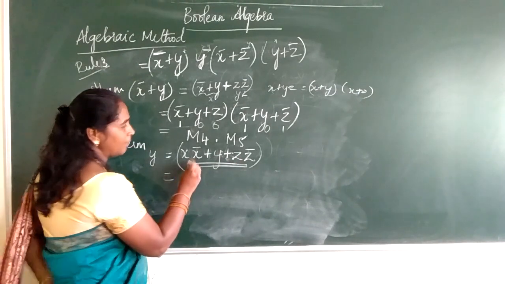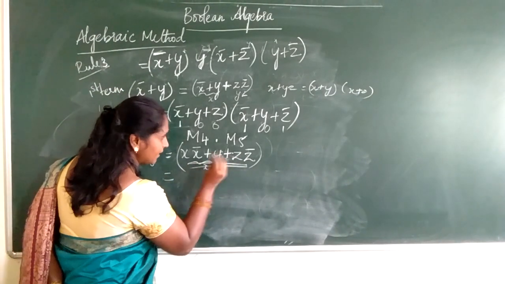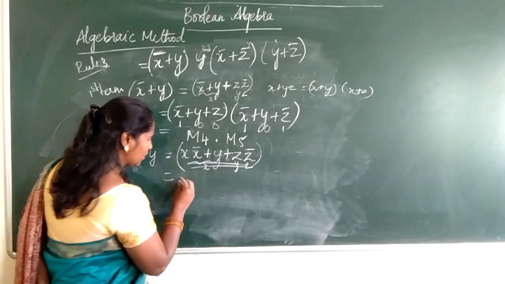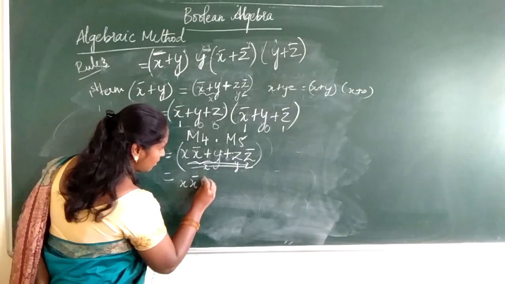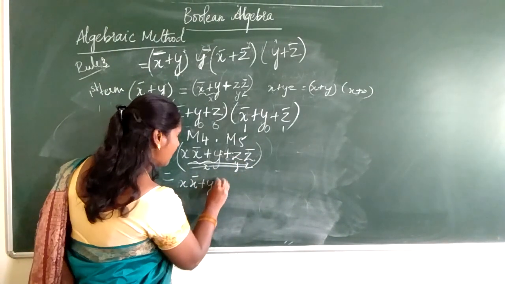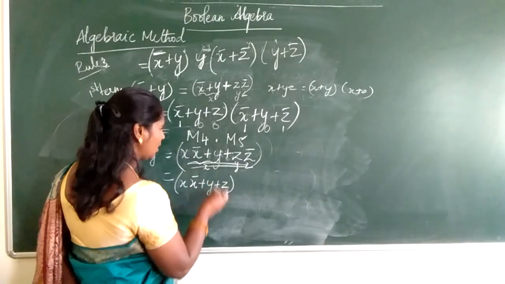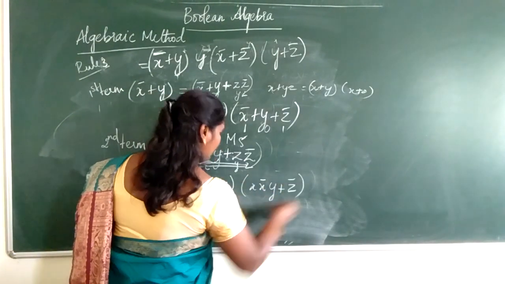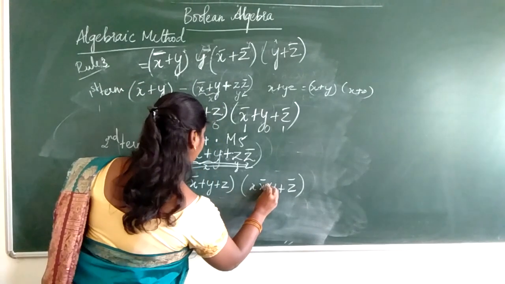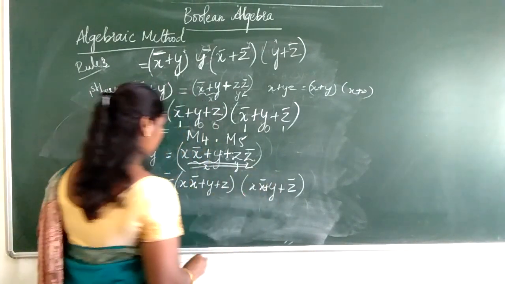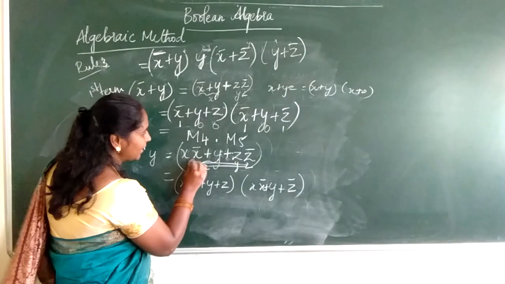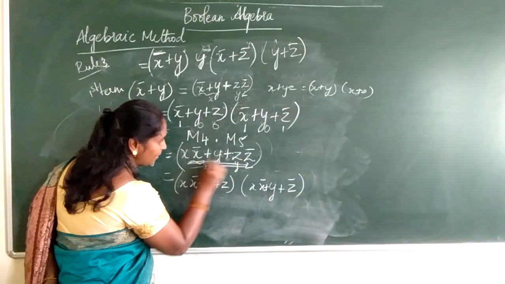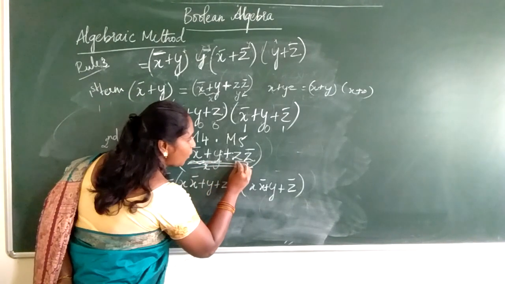Now use the distributive law. Consider this one is my x and this is my yz. So x bar plus y plus z into x bar plus y plus z bar. See here, I am considering this one as my x term, and this one is my yz.